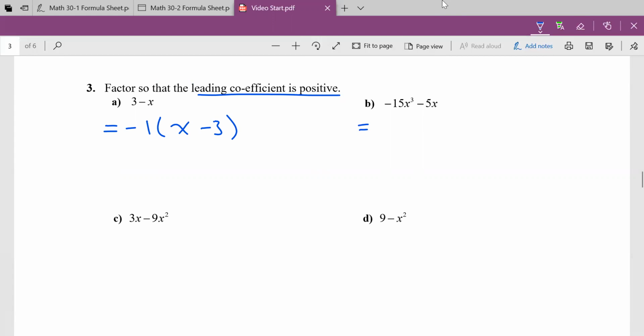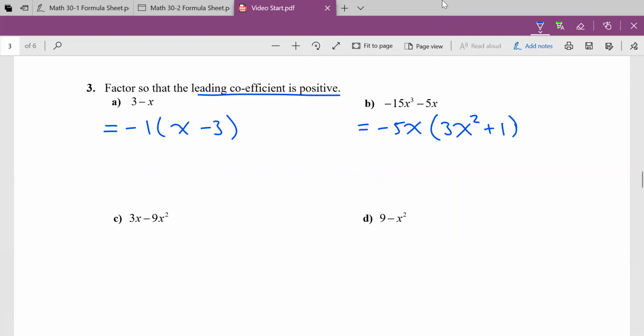Okay, on B here, I want to factor out a negative because I want to make this negative 15x cubed positive. So I'm going to factor out my greatest common factor, negative 5x. Well, negative 15 divided by negative 5 is 3x squared plus 1. There it is.